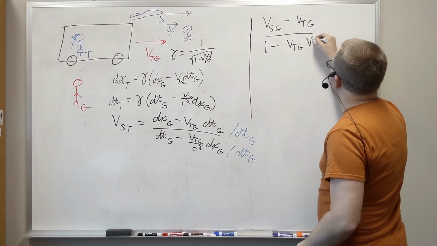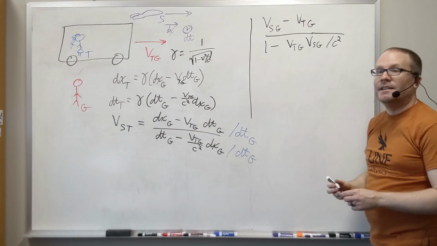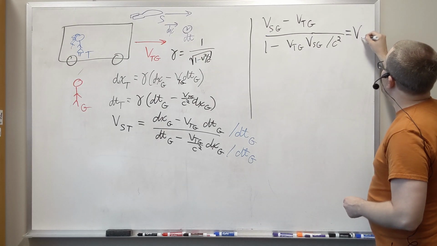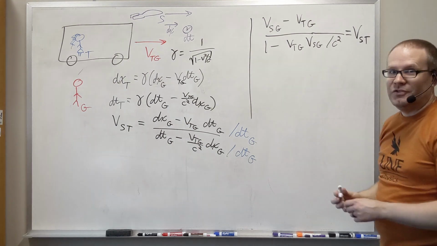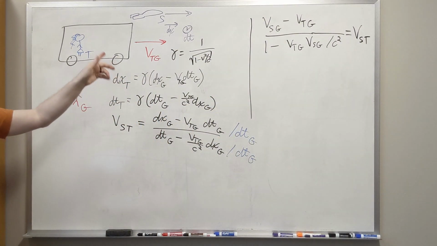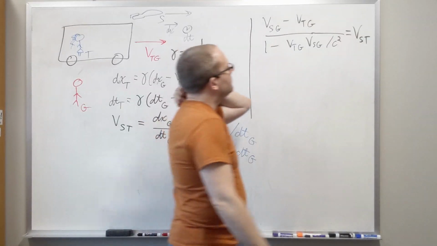So that's going to be the velocity of the ship as measured by the ground, and those both get divided by c squared. That's the thing that gives you the velocity of the ship as measured on the train. Right? VSG minus VTG over 1 minus VTG VSG over c squared. Okay, cool.